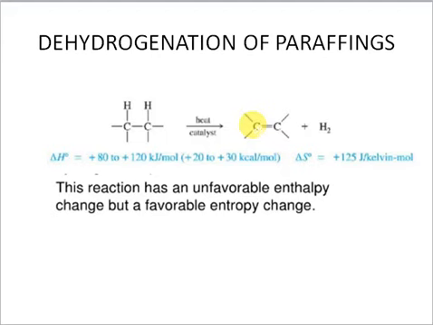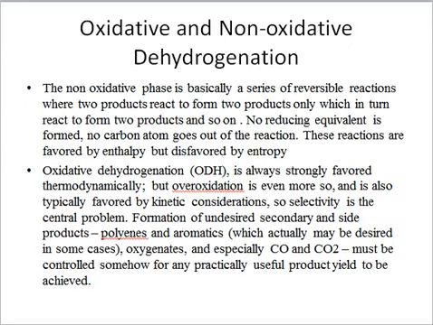In the dehydrogenation reaction, since we have one reactant and two products, entropy has increased. If you don't have the value of entropy, just by seeing the equation you can predict whether the entropy has increased. So in dehydrogenation, the entropy change is positive.